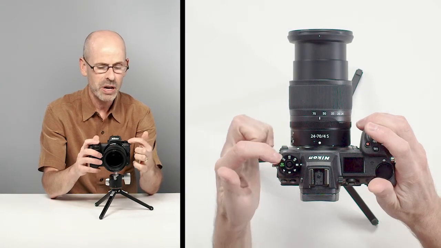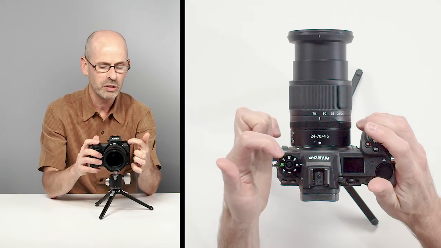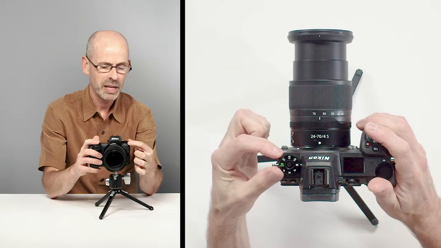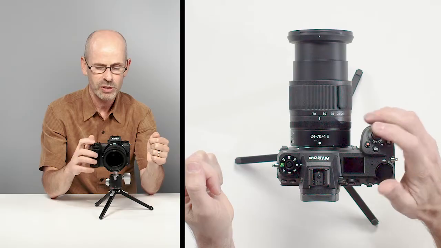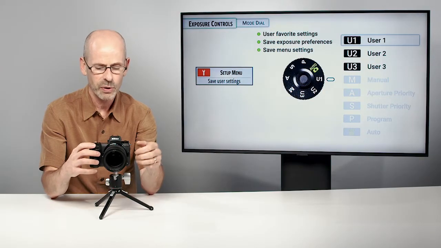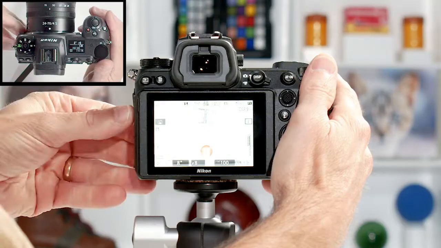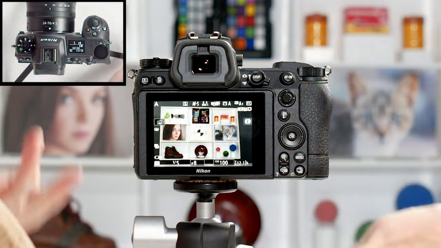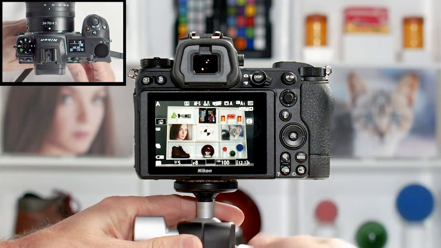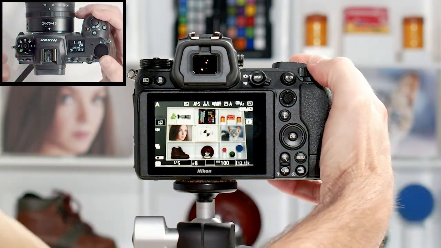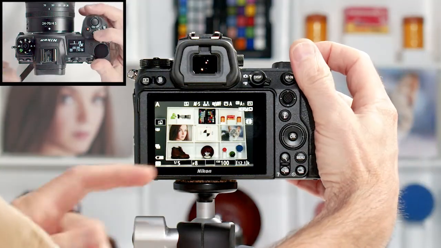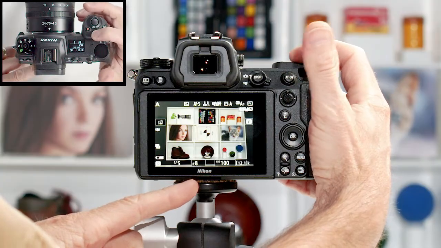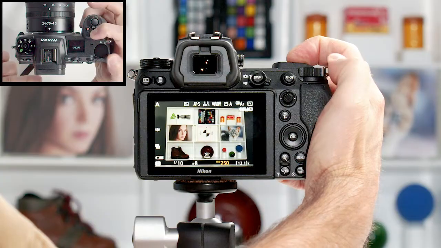So in this case, I'm not going to put the camera in the U1, 2, 3 mode because I need to program this in first. So let's say our first setting, rotate our camera here, is I want the camera in the aperture priority mode, and I like an aperture of f8. We're there. I'm going to set an ISO of 800.